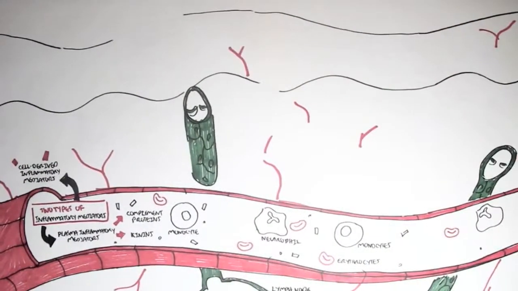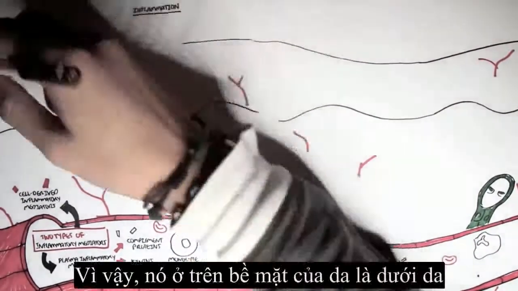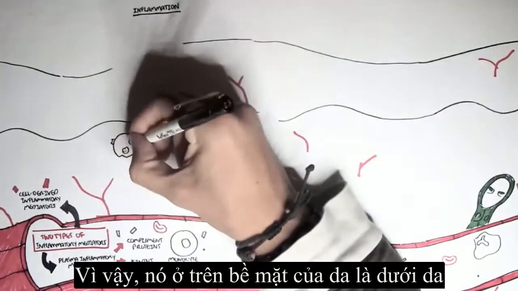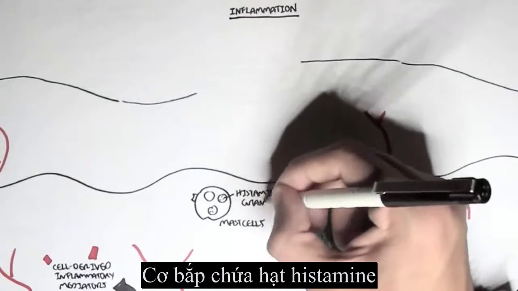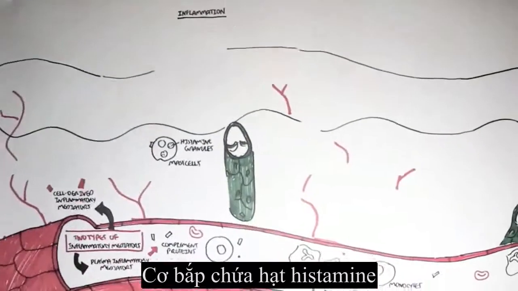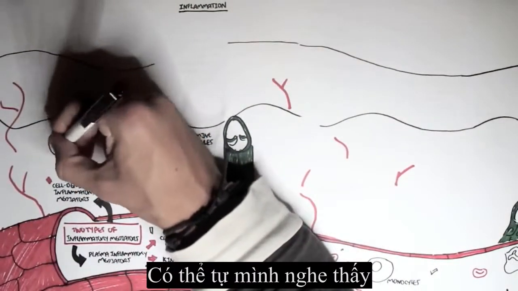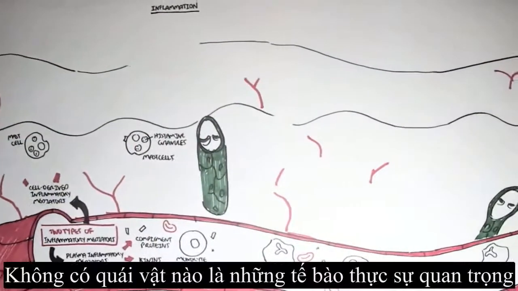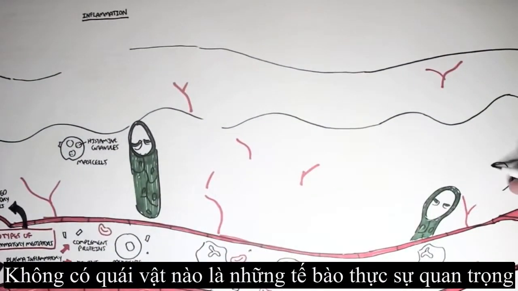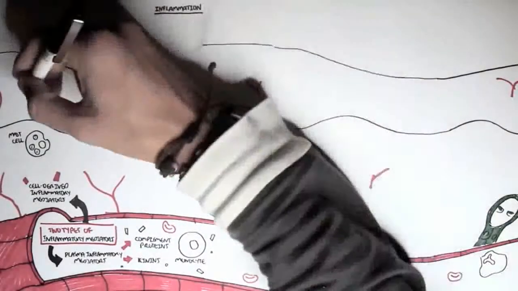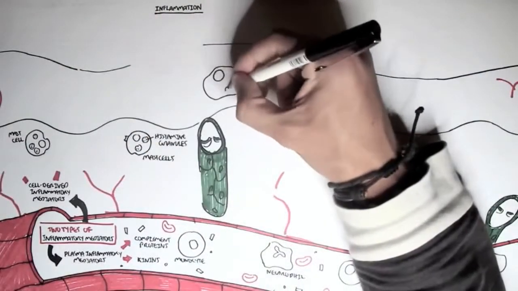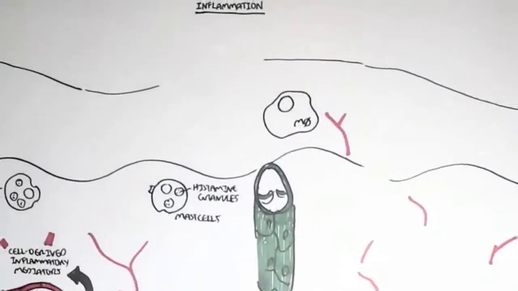Now, the cells that we find within the tissue, on the surface of the skin or beneath the skin, are what's known as mast cells. Mast cells contain histamine granules. And here we have another mast cell. Mast cells are really important cells to promote inflammation because histamine is a cell-derived inflammatory mediator.